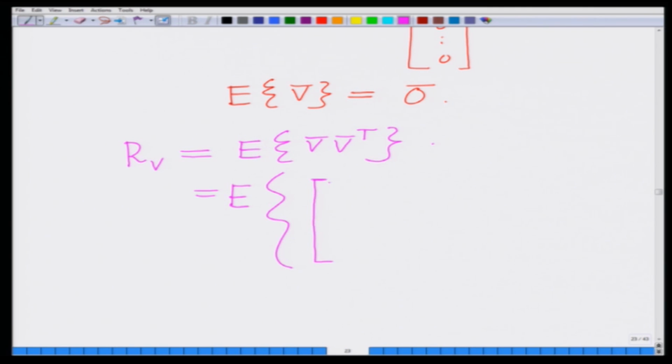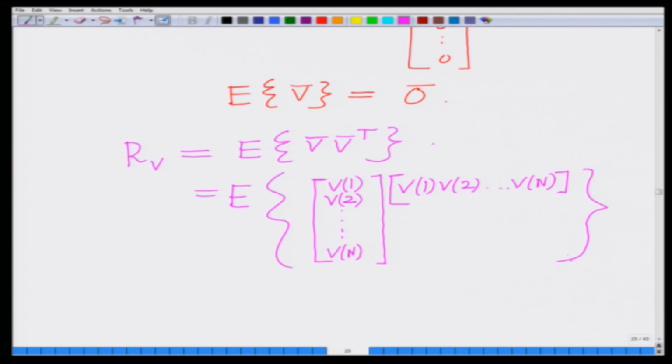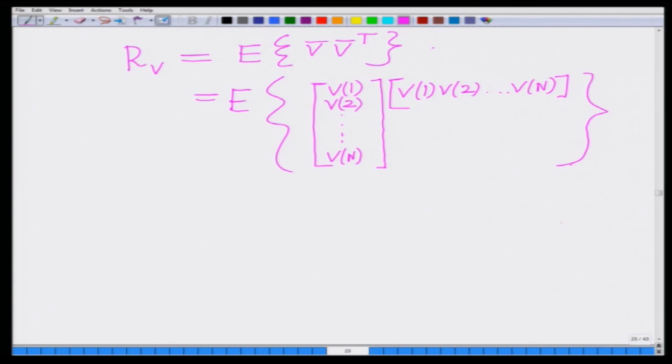this is the expected value of the column matrix V1, V2, so on up to Vn, times the row matrix V1, V2, up to Vn. This is sometimes also known as the outer product of the vector V bar with V bar transpose.